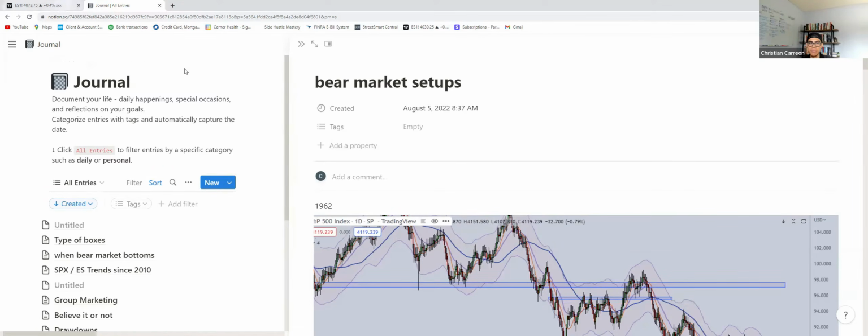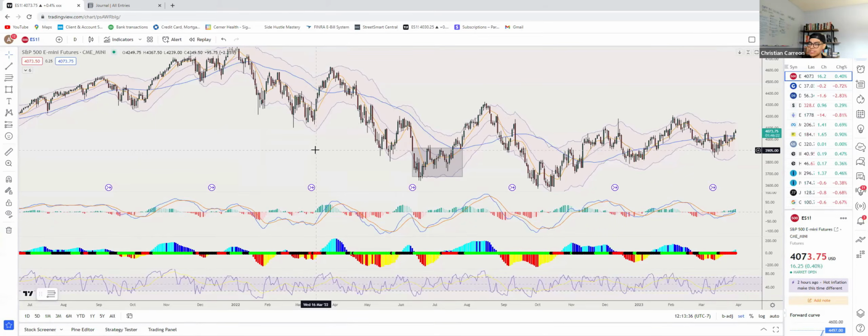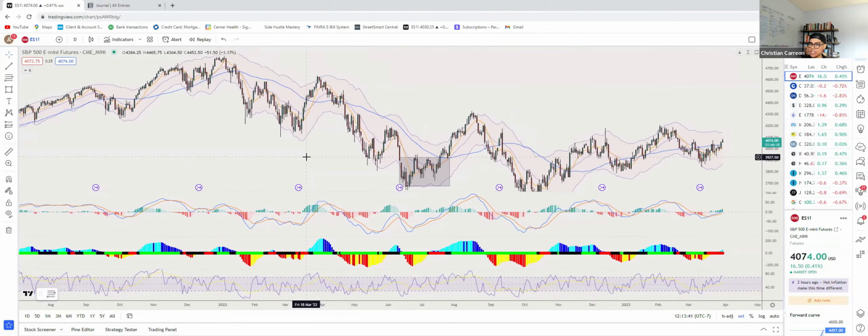So bear markets, because they're fractals, will trend the same. And I have a very good understanding of those trends and what they look like, that it amplifies my confidence in making these all-in trades, right? Because I know over a large sample size what a trend will look like.